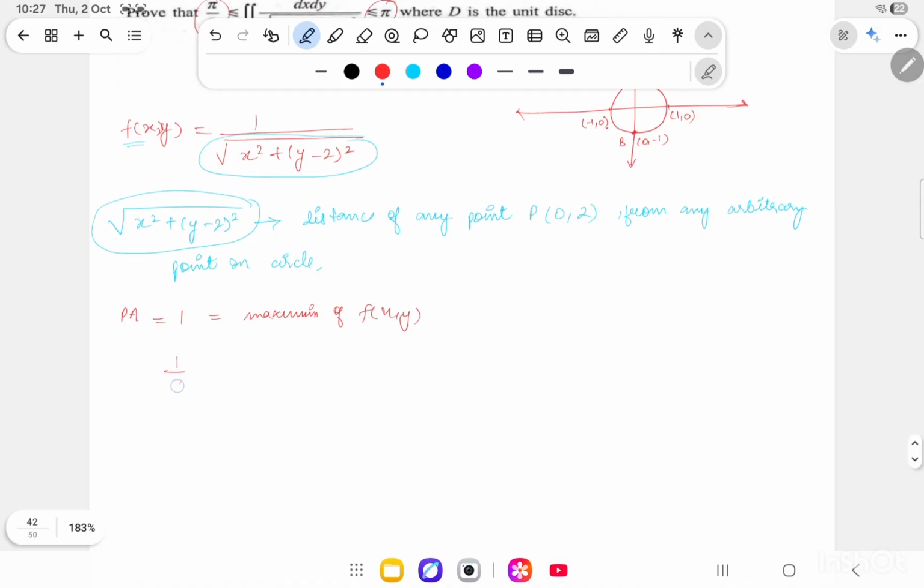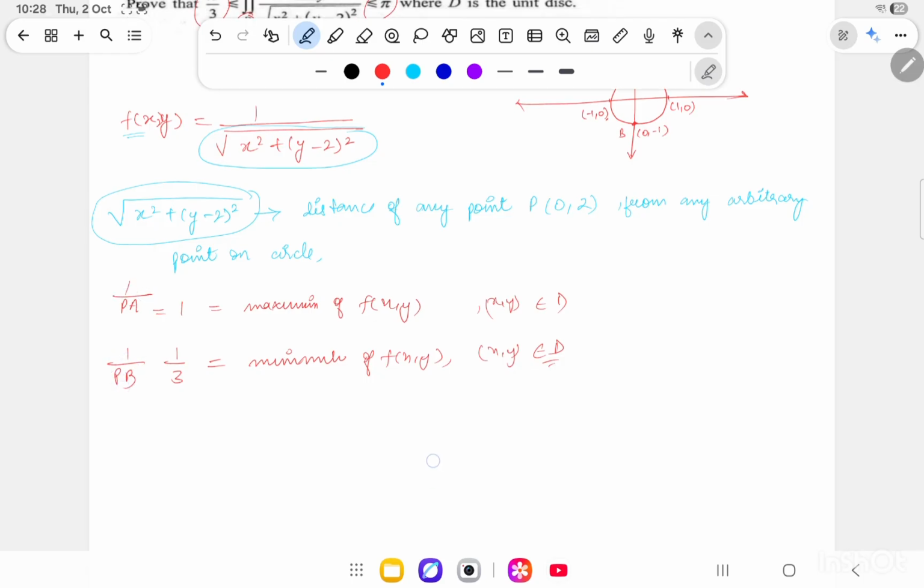And 1 divided by 3 will be the minimum of f(x, y), where x, y both belong to the region D, that is the unit circle. And this is 1 by PA.